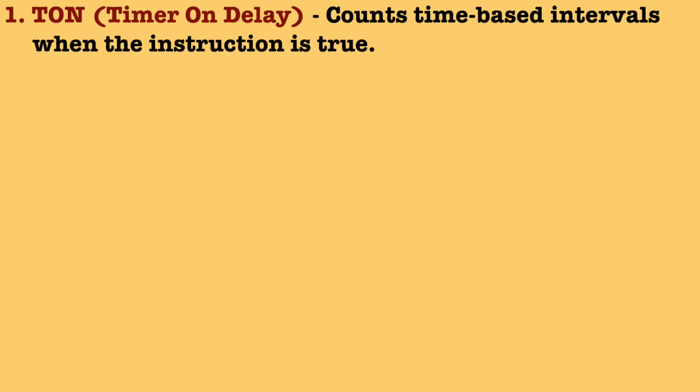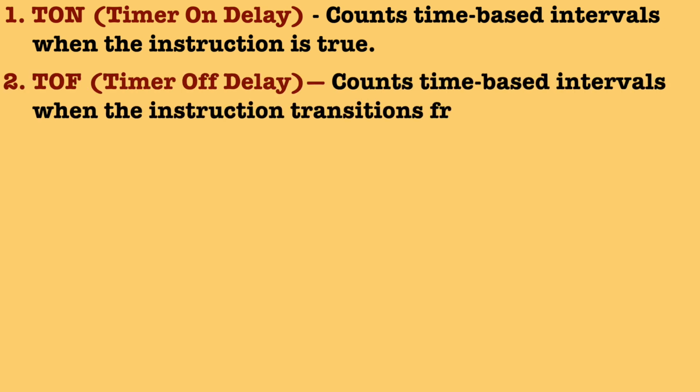TON represents timer on delay and it counts time base intervals when the instruction is true. Second one is TOF. It represents timer off delay, and counts time base intervals when the instruction transitions from true to false condition.